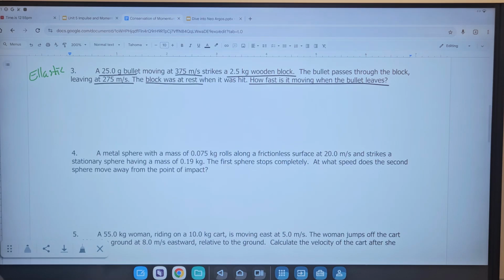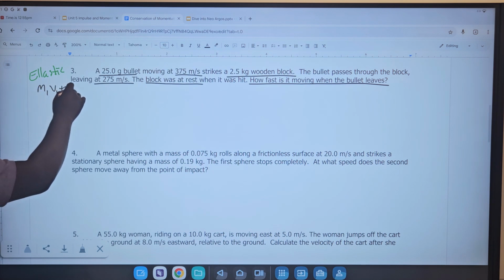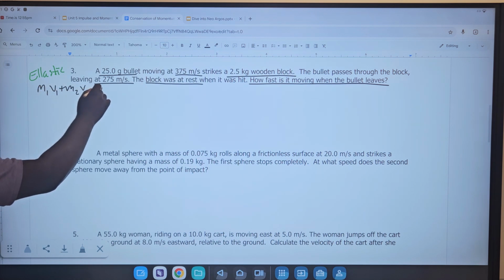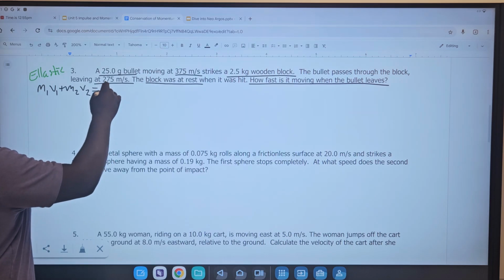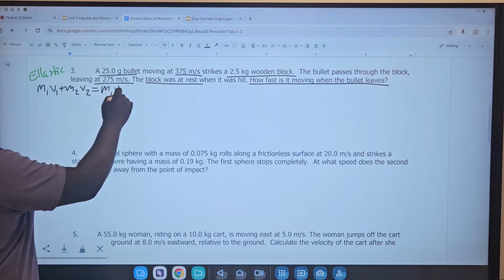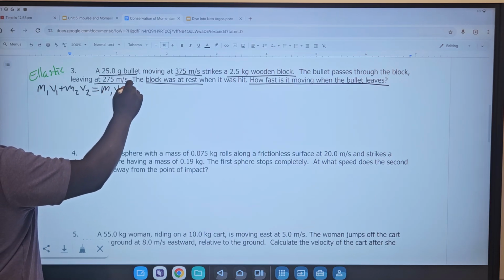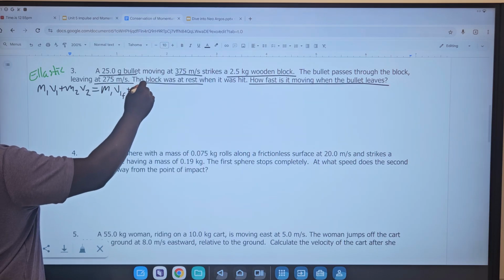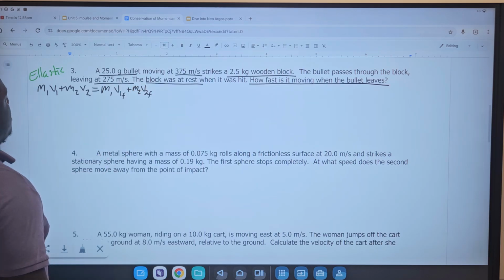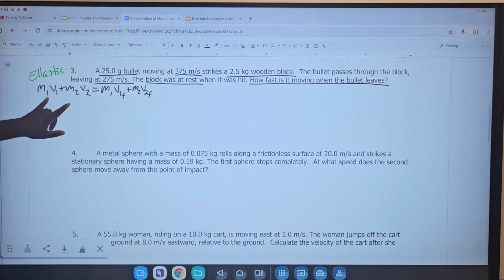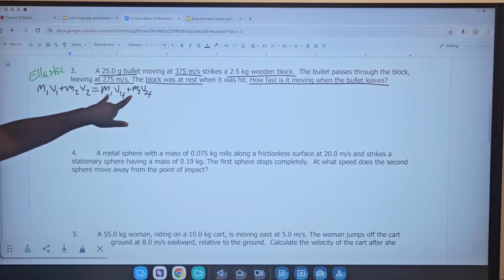All right, so because this is an elastic problem, M1 V1 plus M2 V2 must equal M1 V1F plus M2 V2F. We're just saying that whatever the momentum was at the start should be there at the end.